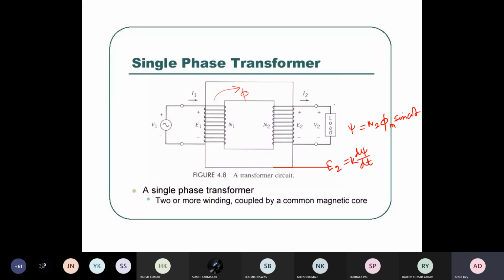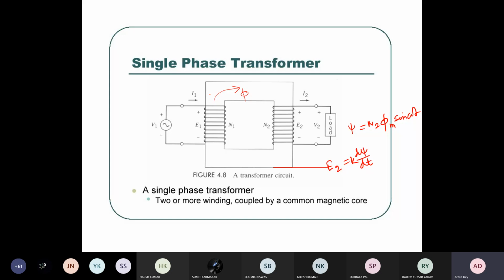Now if you connect a load here, that load will try to draw current. Initially, when you are not connecting any load, the I1 current will be drawn just to develop the flux through the magnetic circuit.